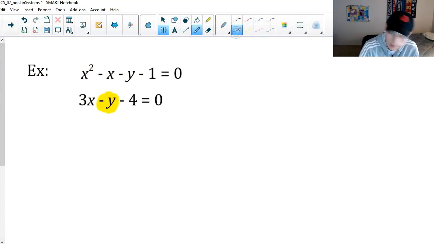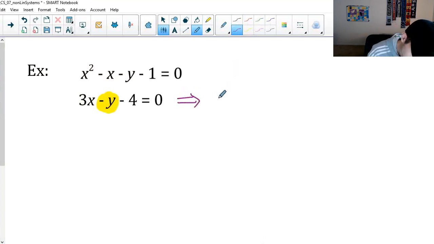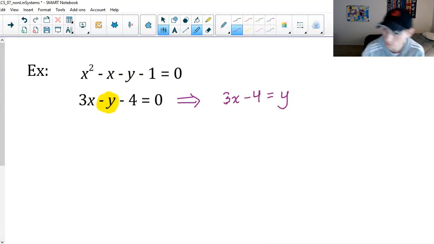So I can see it would be easy to solve that equation for y and then plug it into the other one. So, solving by substitution. I'm just going to add y to both sides. So 3x minus 4 equals y.